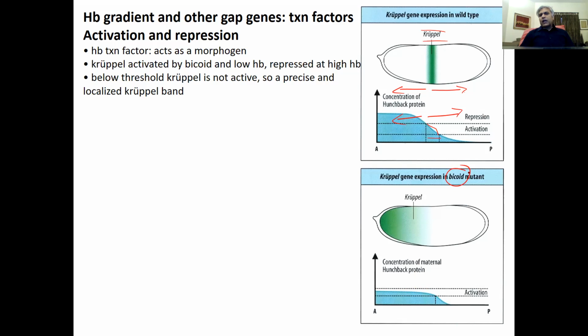Now, due to absence of bicoid, the concentration of hunchback goes down, and this threshold, which was this one, has moved here. So previously in wild type, beyond this region, the hunchback was high. Now that is diminished. So with this threshold gradient moving, you can see now Krüppel going this way. Is it clear so far?